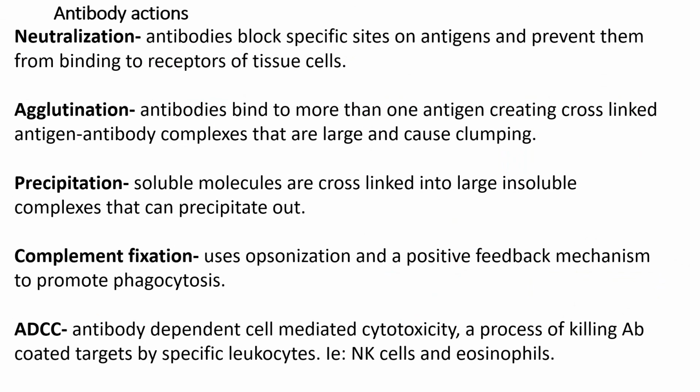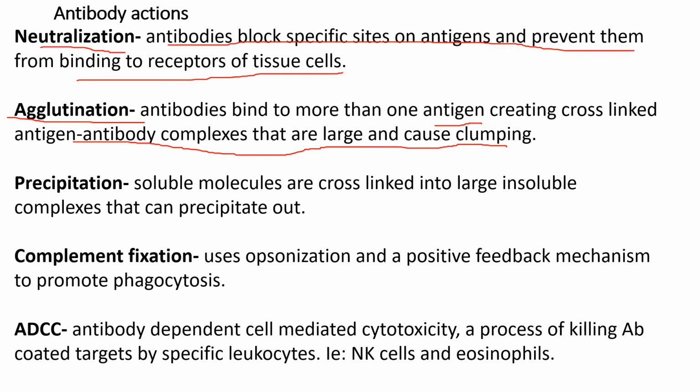Okay, so here's how antibodies function. And there are a few more functions, but these are the most important ones. Neutralization. The antibodies will block specific sites on the antigen and prevent them from binding to receptors on tissues. They can agglutinate. Antibodies bind to more than one antigen, creating cross-linked antibody-antigen complexes that are so large it causes clumping.